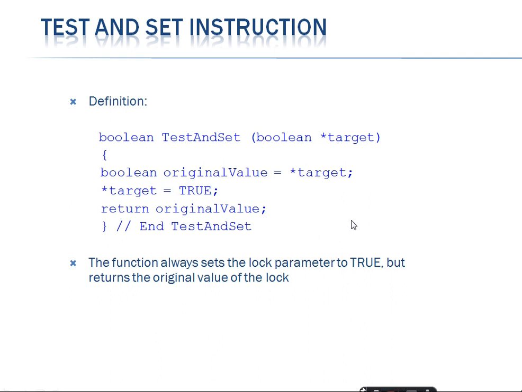Now this function always sets the lock parameter to true but returns the original value of the lock. So when you apply test and set over the lock, this will return the original value of the lock, while the lock will be set to true.